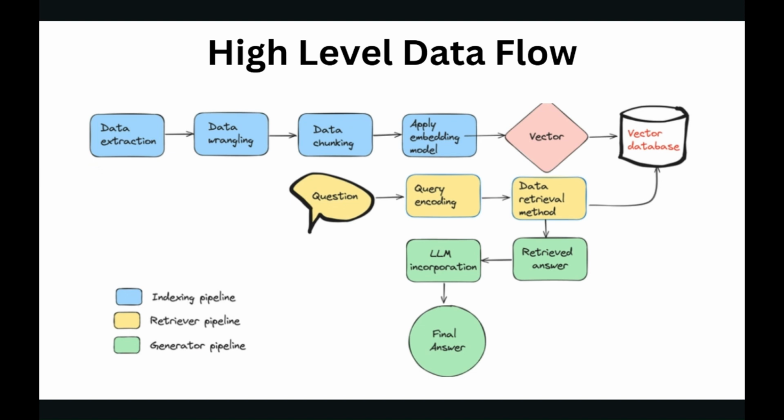Those documents I want to get processed. Now how can I do that? Initially I put the data in a storage, so it will be extracted. Since it's raw data, we have to do the data wrangling. In the data wrangling, we are going to clean the data and put it in a certain structure so that the raw data becomes a little more meaningful without any redundancy in it.